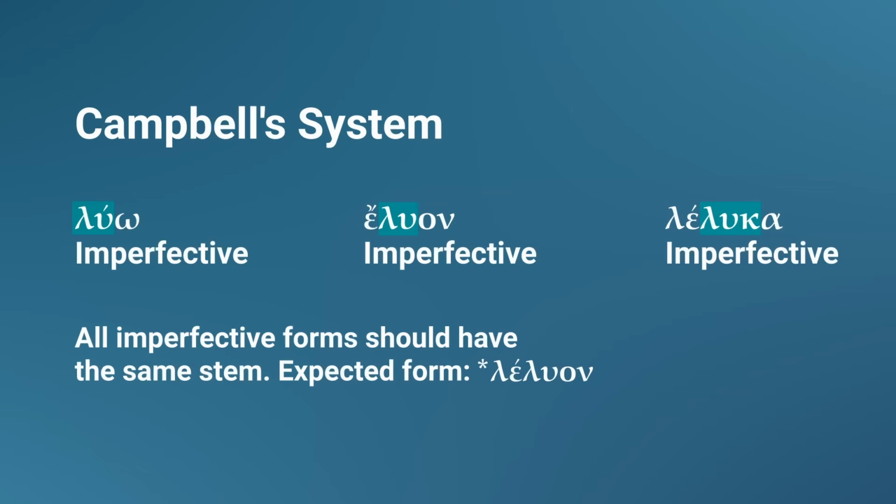The verb luo is luo in the present and eluon in the imperfect, with the main differences being the initial epsilon, traditionally marking the past tense, which I would also agree with, and the shortened person and number endings. The perfect form is leluka.